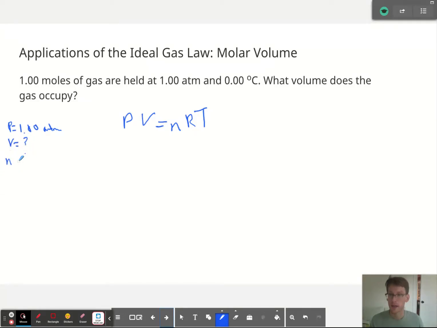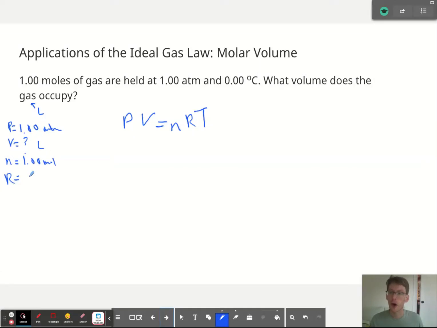Our N is equal to 1.00 moles. Our R, well, we've got atmospheres, and it asks what volume the gas occupies. I could go with a lot of different things here, but I'm just going to say we're going to solve this in liters. So I'll write question mark liters as our volume.